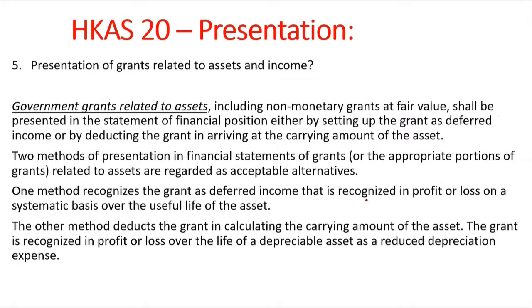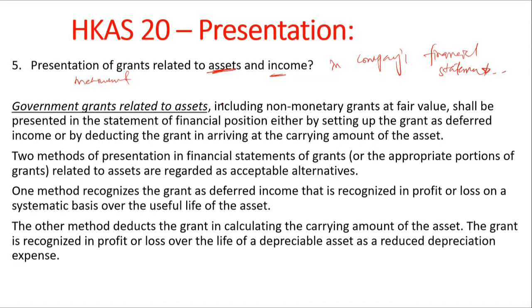Looking at the presentation, or let's say we can call it measurement, on how you are going to recognize government grants related to assets and income in companies' financial statements, right?